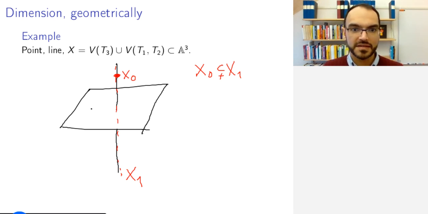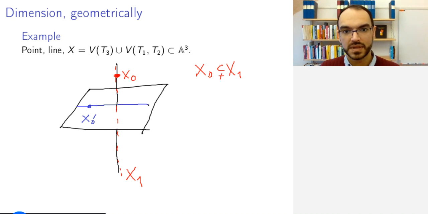If instead I had started with a point here in the plane, then any line containing it is irreducible. So maybe this is my x1 prime. And then I can take the plane to be my x2 prime.